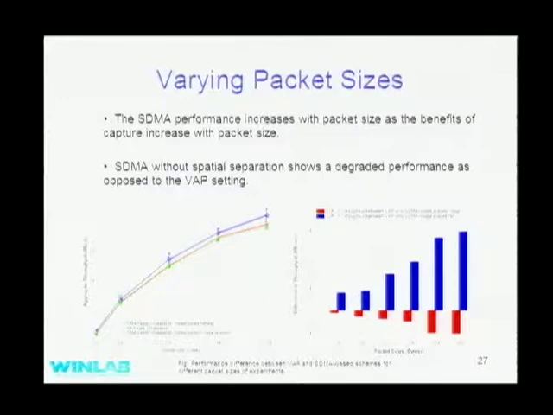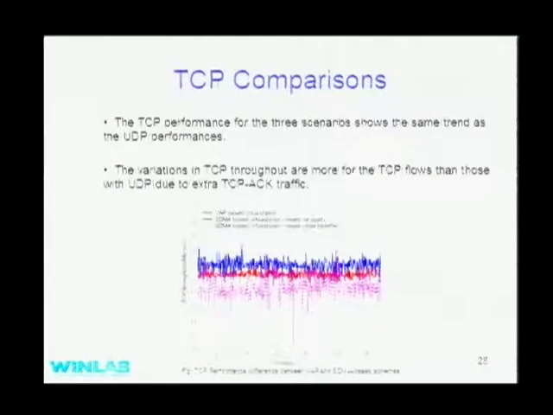The other graph shows just the difference in performance. Till now we were considering UDP comparisons. We also have TCP comparisons for the 3 scenarios. The trend is the same.